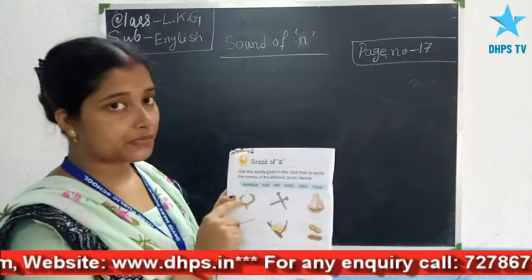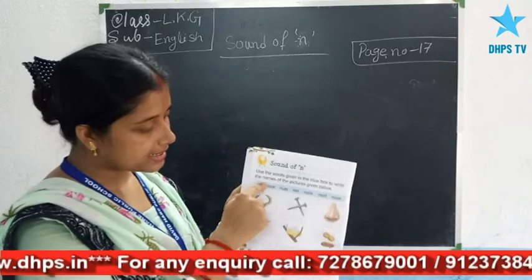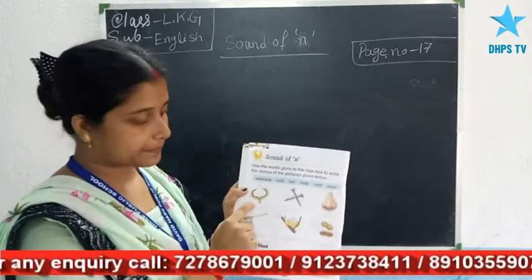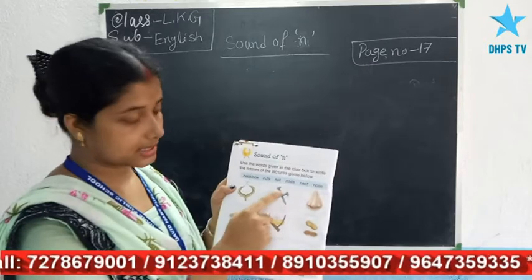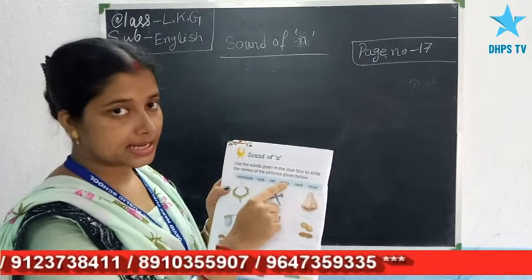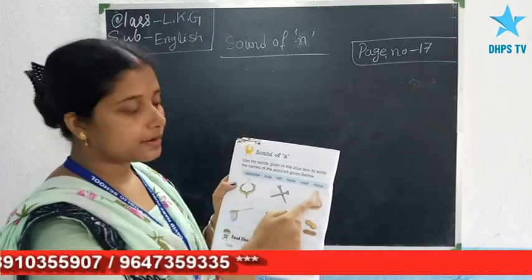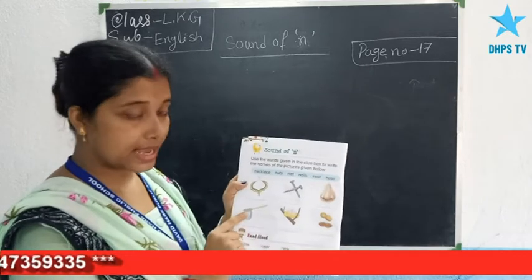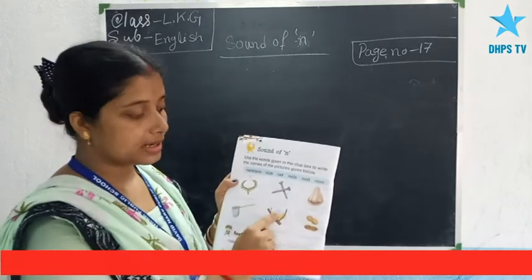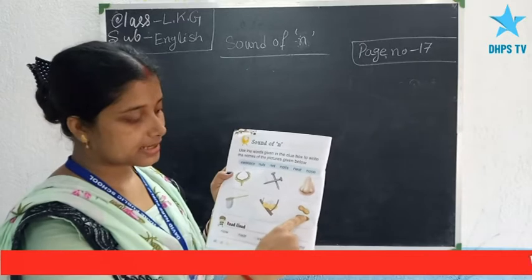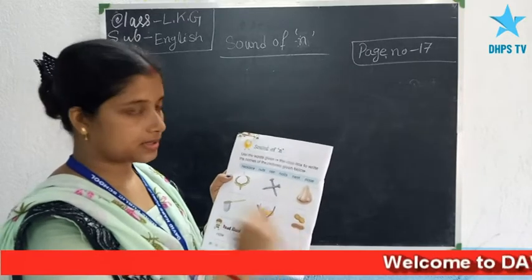This is a picture of a necklace. So just write necklace here. Then nails, N-A-I-L-S, nails. Then nose, net. Then nest, and these are nuts.